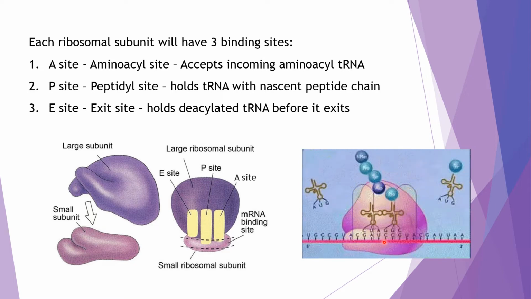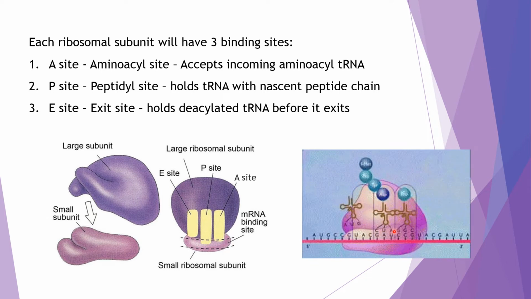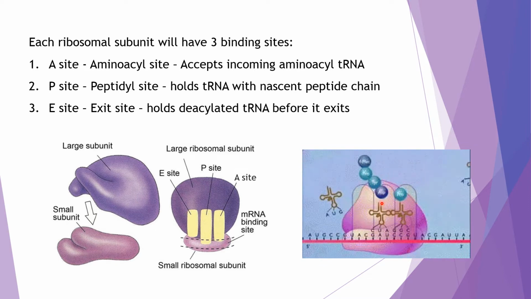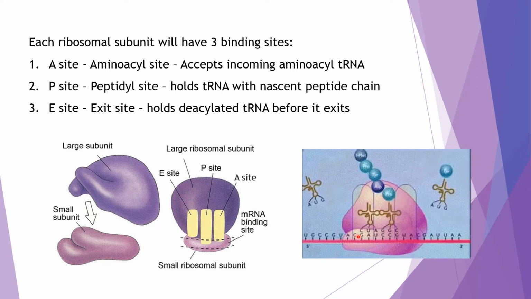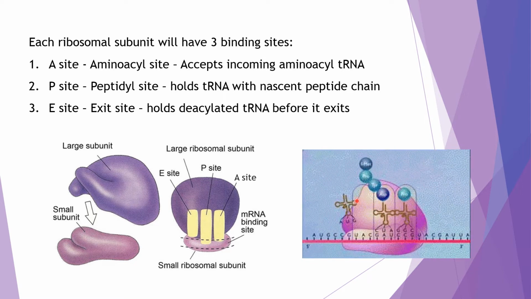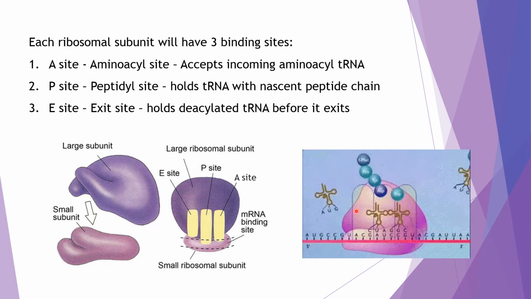So, at the peptidyl site, or the P site, the tRNA is transferred, and here the amino acid will be attached to the growing peptide chain. And then there is the E site, or the exit site, where the tRNA that has just been removed with the amino acid, known as the deacylated tRNA, exits.